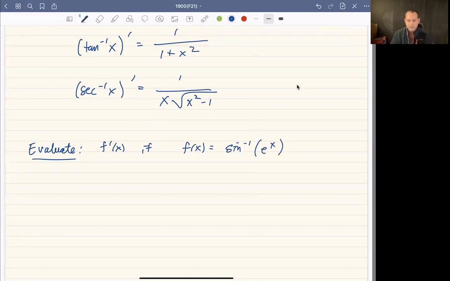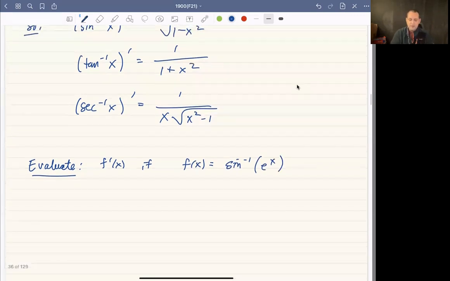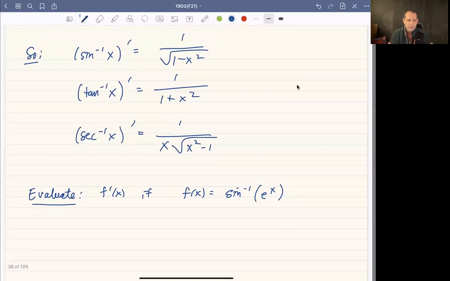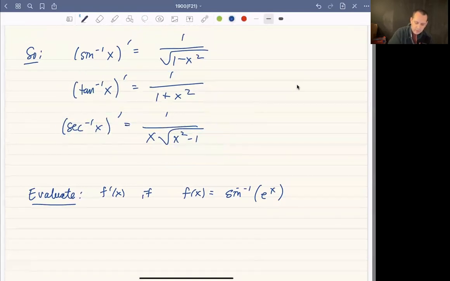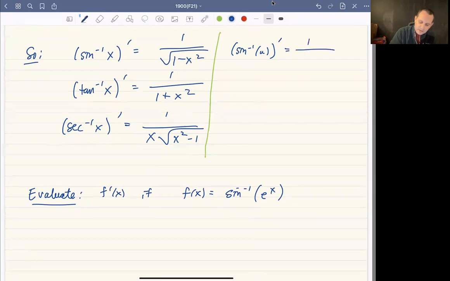Before I do this, I realize I forgot to write down how these functions interact with the chain rule. This is not going to be surprising, but it's worthwhile writing it down anyway. If I were to have inverse sine of a function u, where u is some function of x (if you don't like using u, you can use g of x), and then we differentiate, I get the same thing as before: 1 over the square root of 1 minus u squared times the derivative of the inside.